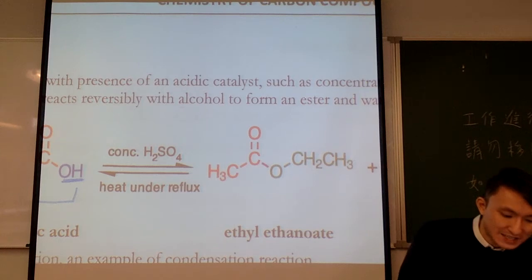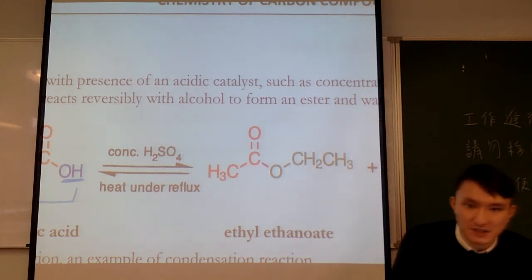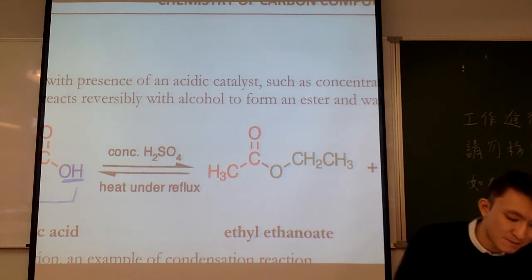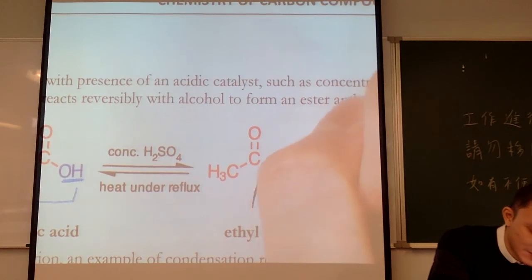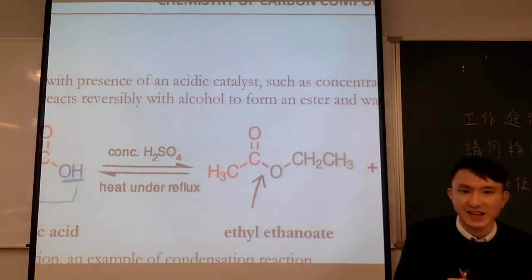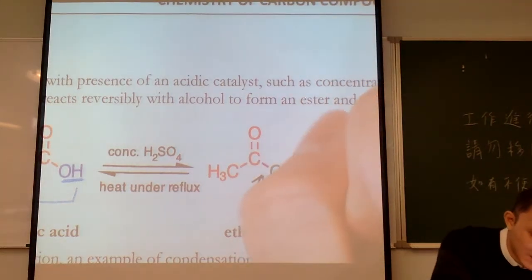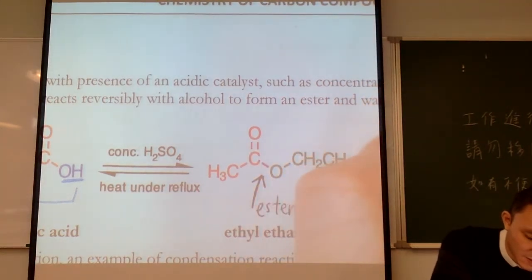Now, let's talk about a couple of remarks regarding this reaction. So first of all, this bond that is formed right here, we have a name. This bond connecting the acid part and the alcohol part, we call the ester bond. Ester bond. Okay?